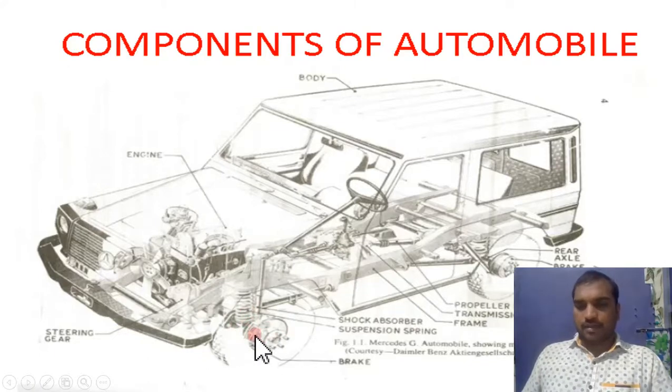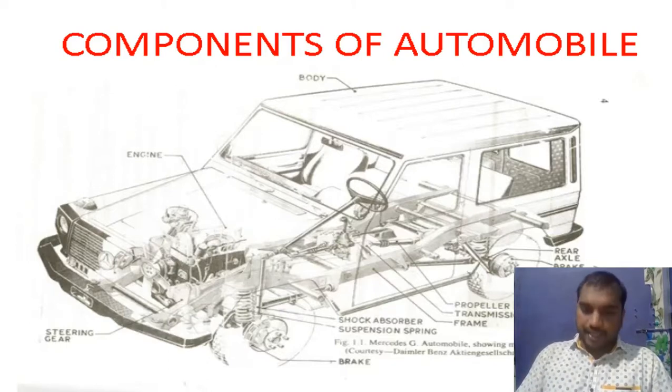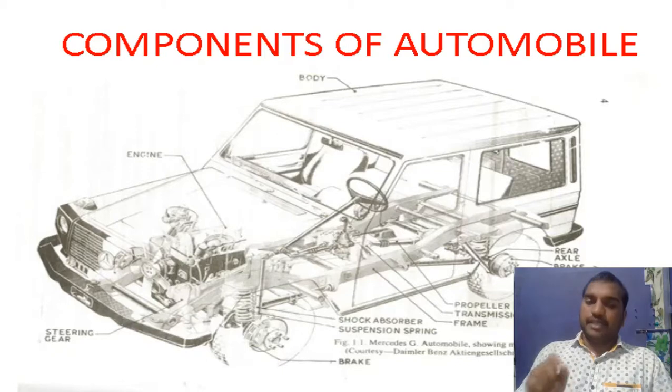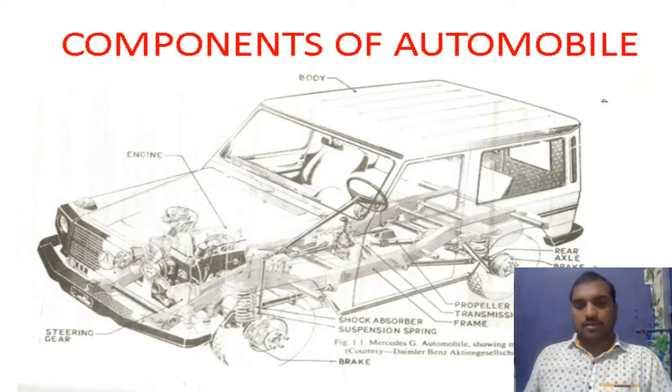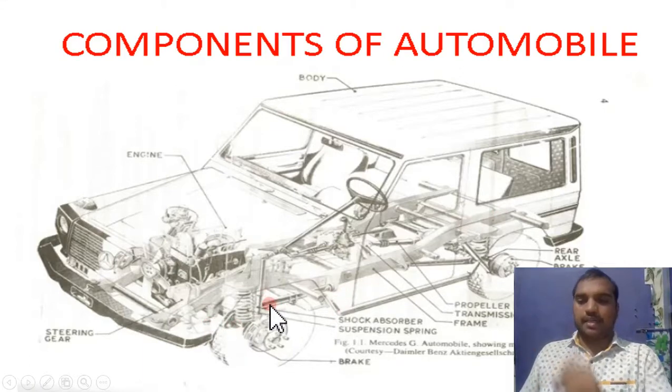The combination of frame, suspension system, wheels and tires is known as the basic structure. Now you can observe here, the basic structure is visible, right? Tires, wheels, axle, suspension system, and frames come under the basic structure. So the first part is clear.